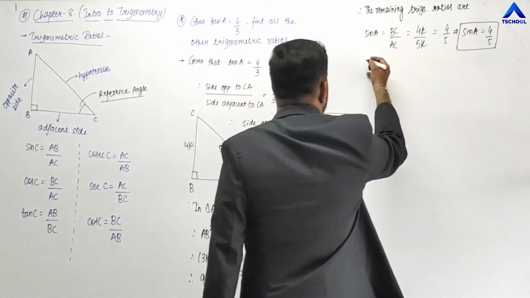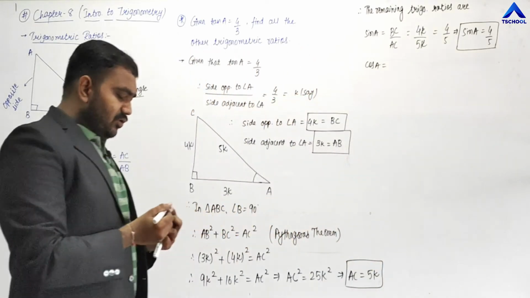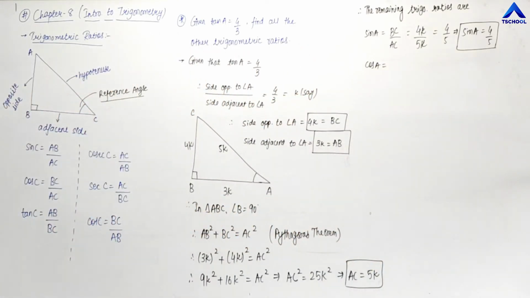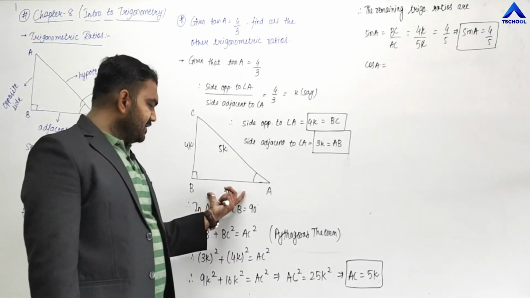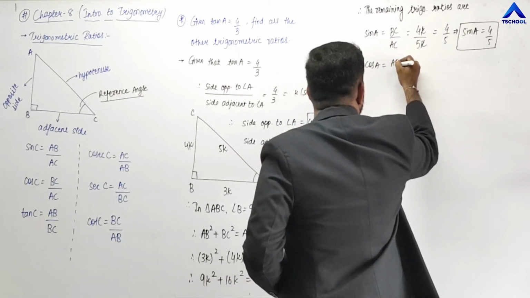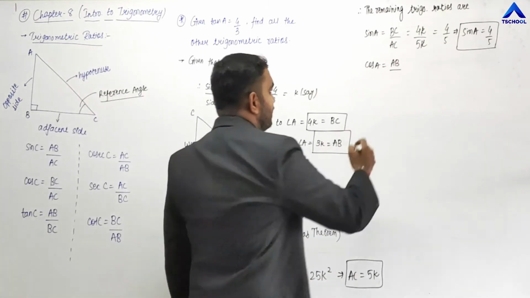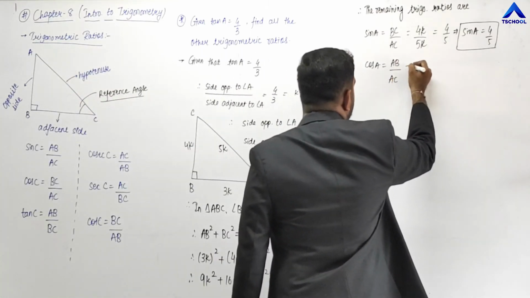Similarly, we shall find out the second one, that is cos A. The ratio for cos A, friends, is side adjacent to angle A upon hypotenuse. So what is the side adjacent to angle A? AB. So we get cos A, that is AB divided by the hypotenuse AC. So that is AB upon AC.